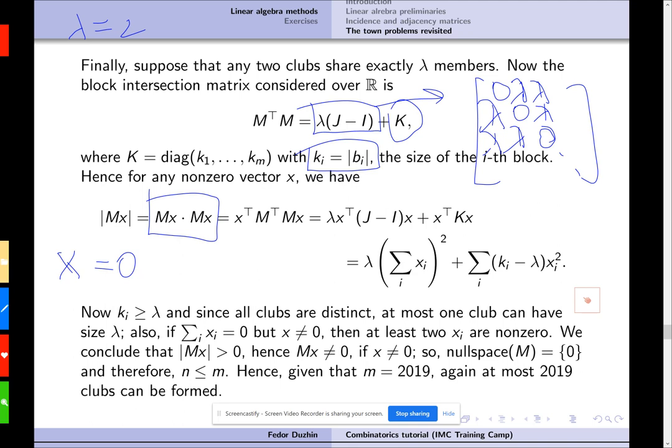And if the null space of M is just zero, then M has full rank, and again, n has to be less than or equal to m. Okay, so again, at most 2019 clubs can be formed. Forming precisely 2019 clubs is a different story. To be honest, I don't know if it is possible. I couldn't come up with a specific example.